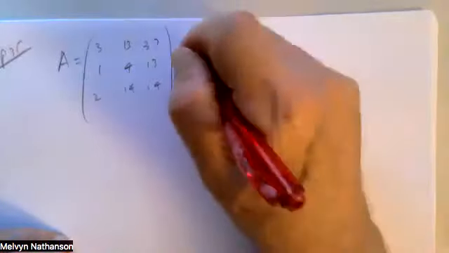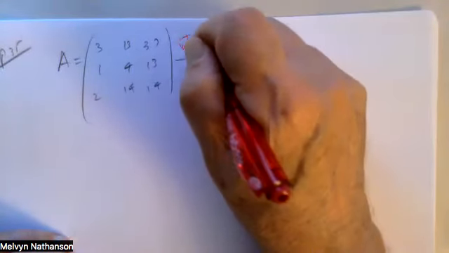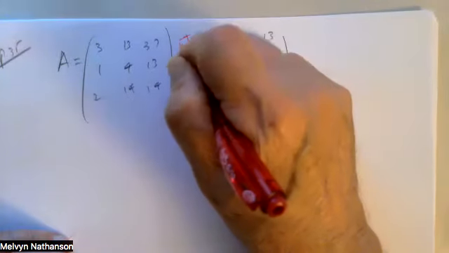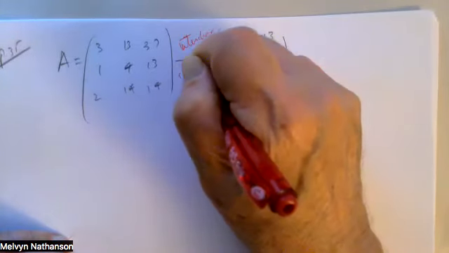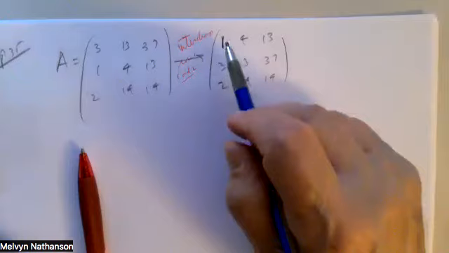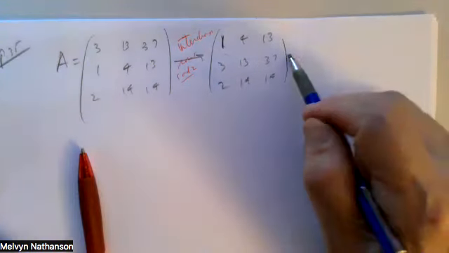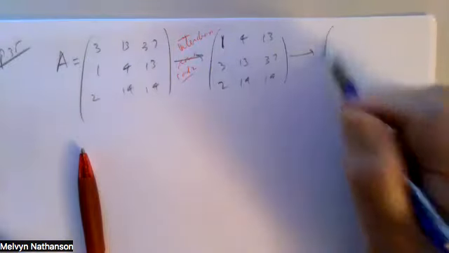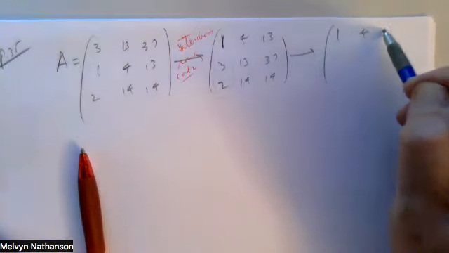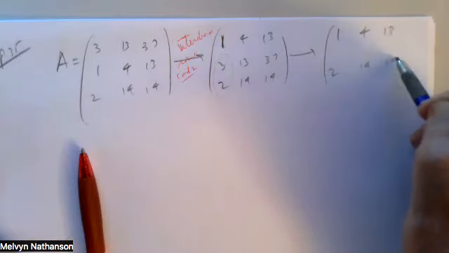So here what I did was interchange rows 1 and 2. Okay, so now I have a 1 in the first row, first column. I want zeros underneath it. I'm not changing the first or the third rows yet.